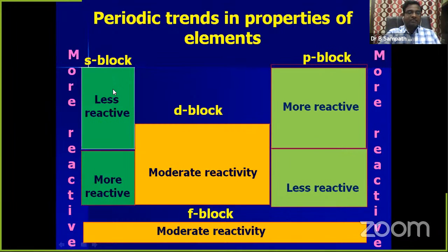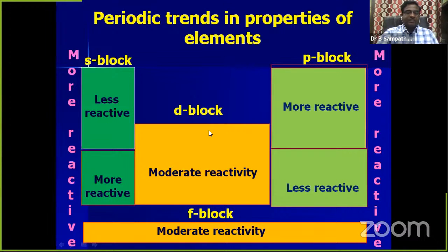Here the less reactive elements, here the more reactive elements. When we observe the reactivity of P block elements in the groups, the top elements are more reactive compared to the bottom elements. Means in S block, from top to bottom, the reactivity increases. In P block, from top to bottom, the reactivity decreases.